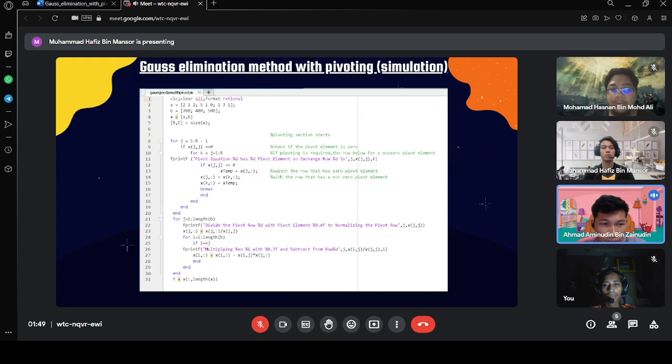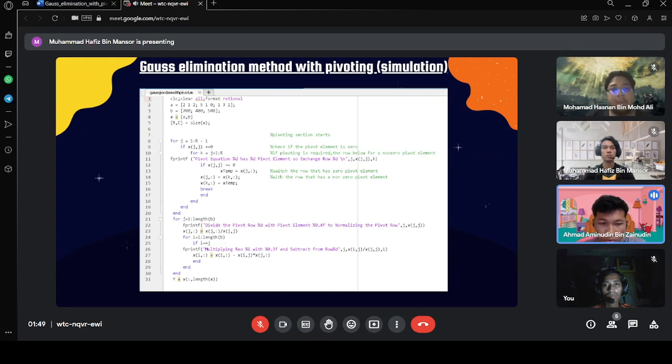After that, I make a print text, pivot equation has %d pivot, so exchange row %d, to define the values of j, xj, and k. And then I switch the row that has a 0 pivot element with the row that has a non-zero pivot element. And then I end the coding there.